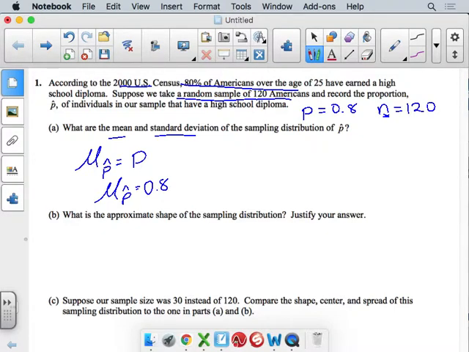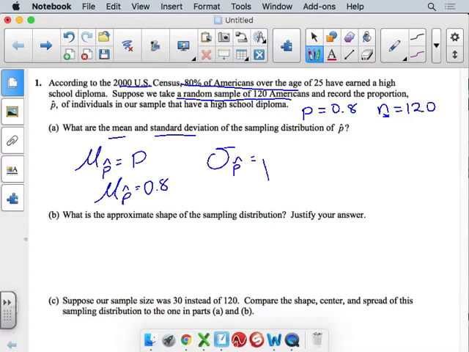When I do a lot of samples of 120 from America, their average is going to be 80%. Now I could get a sample that's 82%, 78%, whatever, but the average of a lot of samples is going to be 80%.